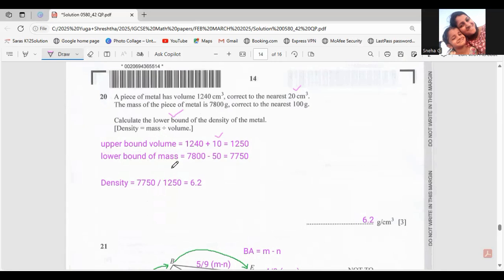The lower bound of mass would be 7,800 grams minus 50, because it is corrected to the nearest 100, and 100 divided by 2 is 50. Since we are taking a lower bound, it is 7,800 minus 50. On substituting the two values, 7,750 divided by 1,250, the final answer is 6.2. So the lower bound of the density is 6.2 grams per centimeter cube.